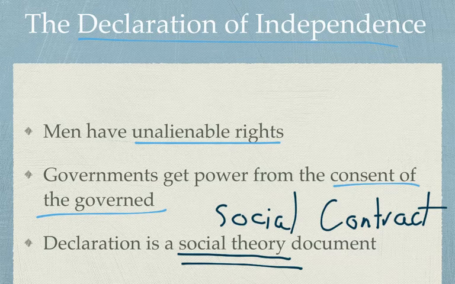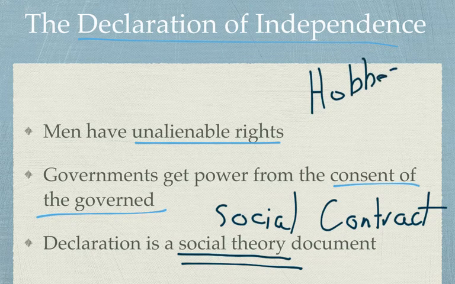But here's the next thing that's kind of bizarre that comes back, and this time it comes back to Hobbes. So you're going to fight a revolution. You're going to take on the most powerful country in the entire world. So what do you do?